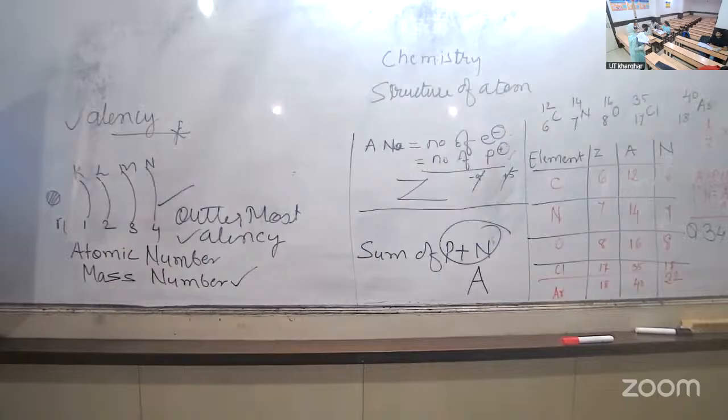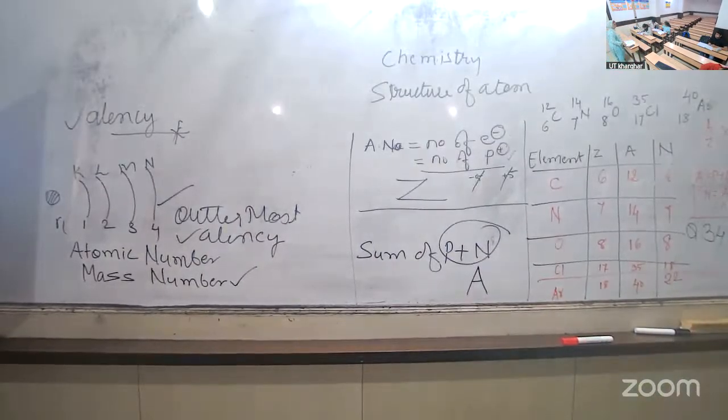Structure of atom, that topic is completed. Okay, your all topics are completed or not? No, I'm not asking about the third one, structure of atom. I said one more part is remaining, it will take one period to exercise questions. I will complete that part. Total 4 topics are there.